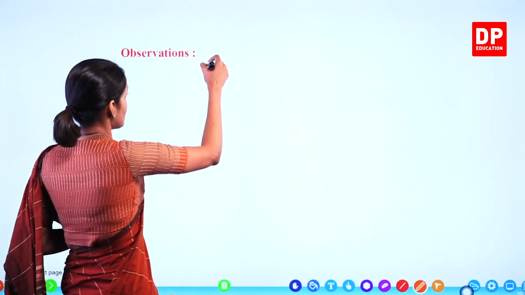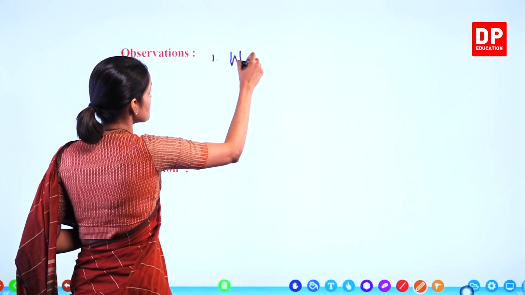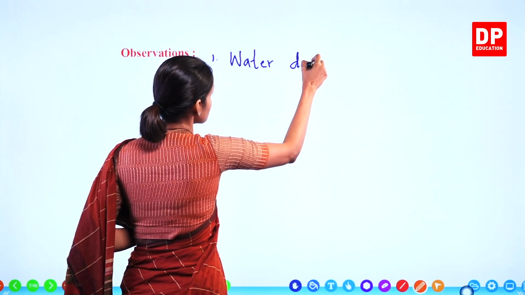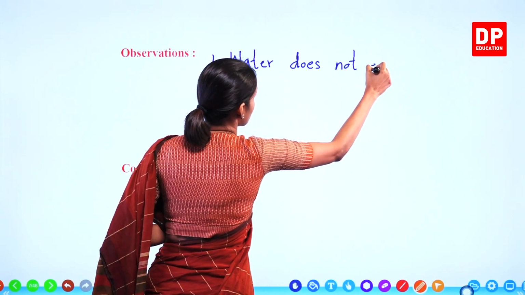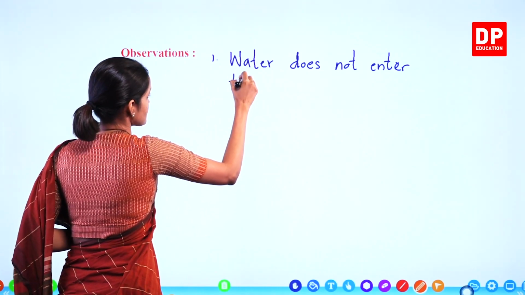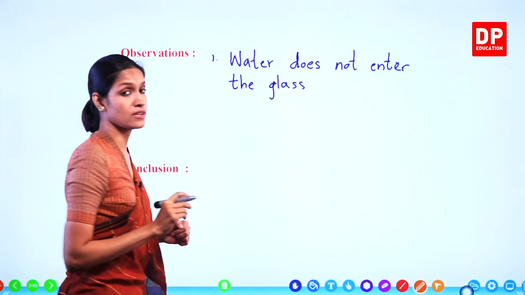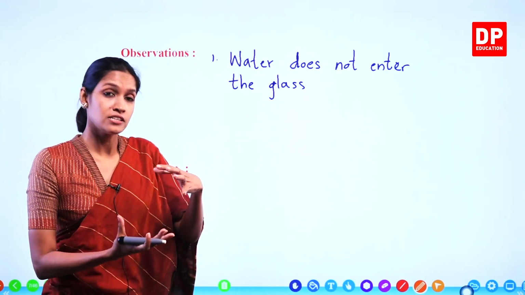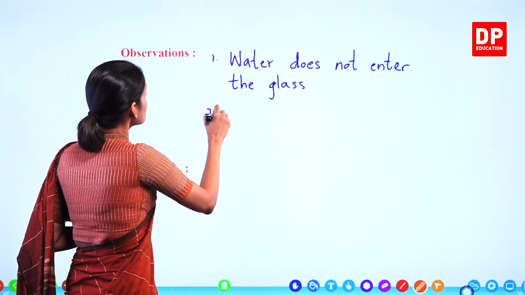So I am going to write step 1, water does not enter the glass. That's something we observed, right? Water does not enter the glass, therefore inside the glass it was still dry. And what was the second observation?